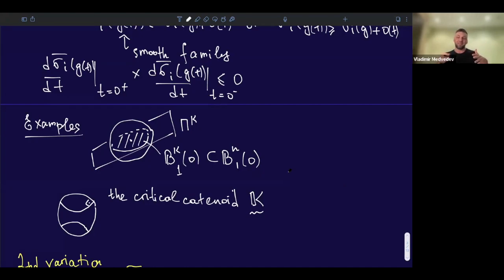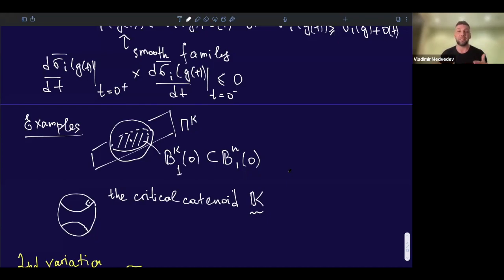It's a Mobius band, so you can do the same thing as we did with the catenoid in E3. You can take a minimal Mobius band in E4.